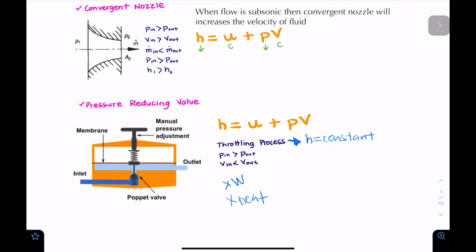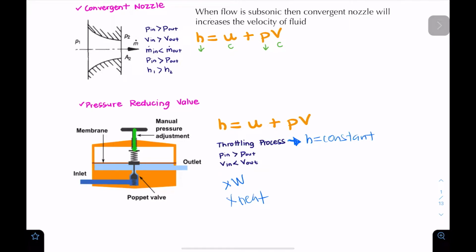We don't want this high pressure getting into our homes. That's one of the uses of this type of valve in day-to-day life. This type of valve has something called a throttling process.